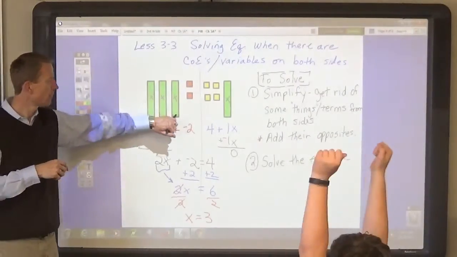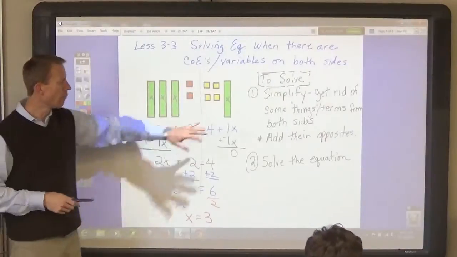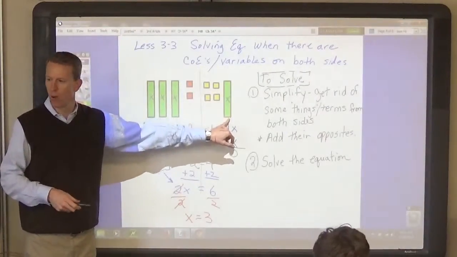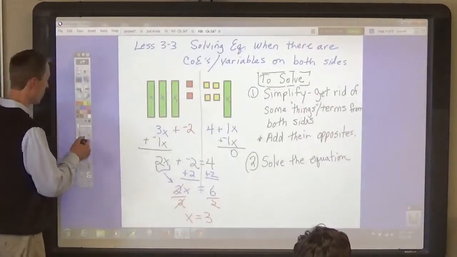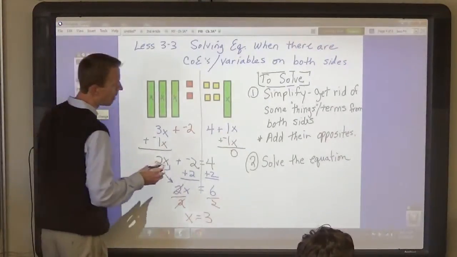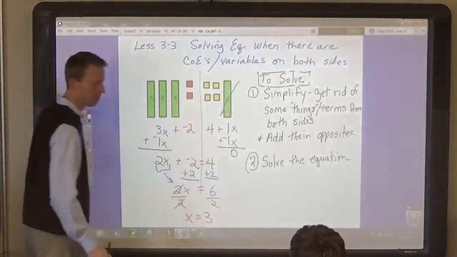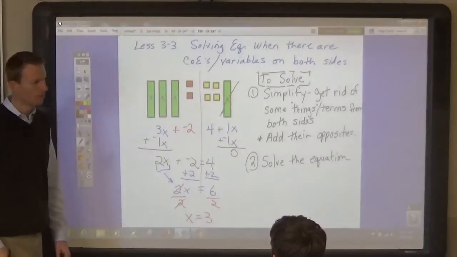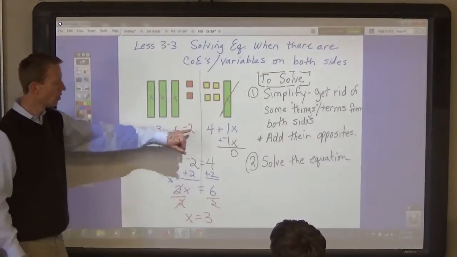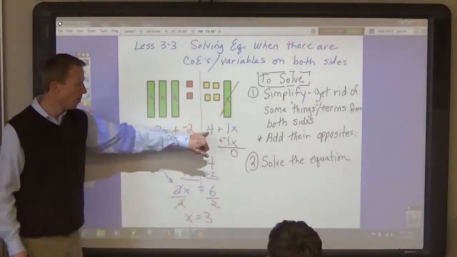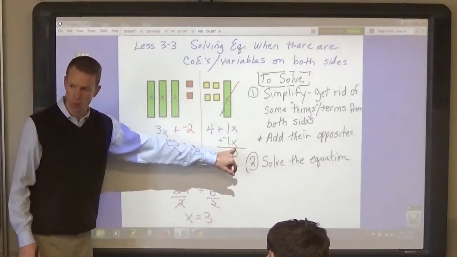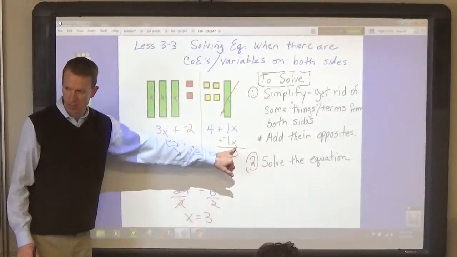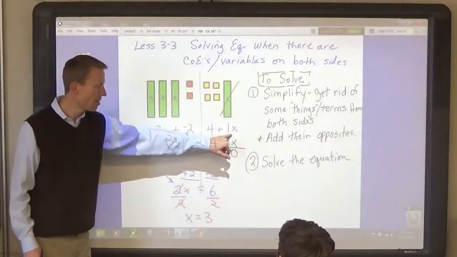So, 3 x's. And since we only have 1 x on this side, let's get rid of that 1 x. To get rid of the 1 x when you're modeling it, you just put a line through it. Now, if you're using the numbers, you would add a -1x in order to get rid of a +1x.